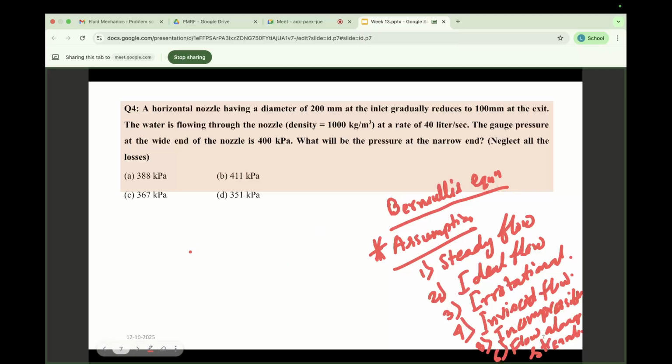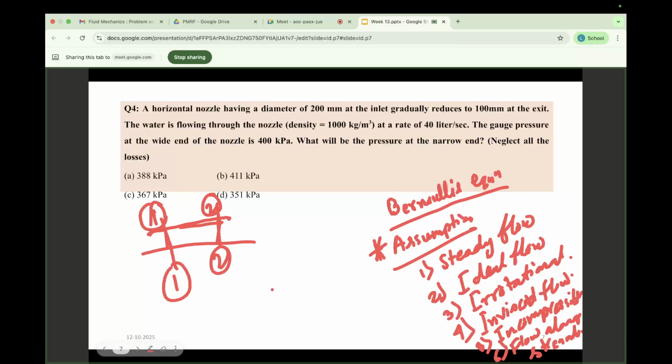Say I am talking about a pipe. These are two sections of the pipe. This is section 1, and this is section 2.